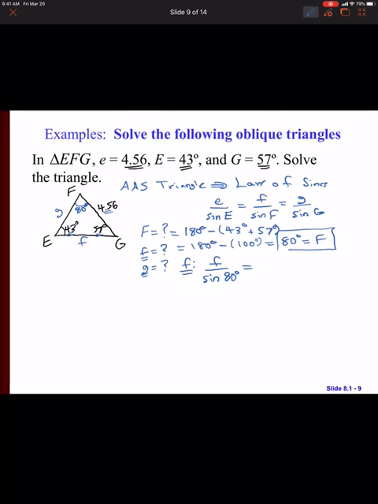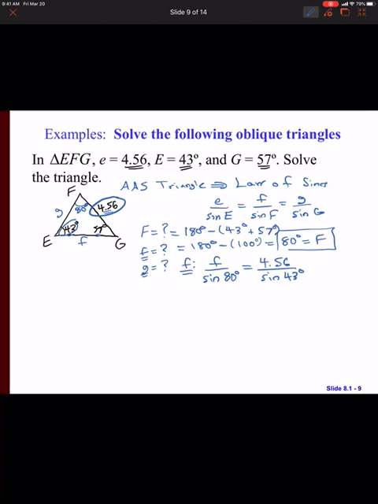Ratio of any other side and angle opposite. So with that said, what were we given to work with? We were given what? Side e and angle E. Let's use that ratio. So e, which is 4.56 units in length, over the sine of angle E, which was given to be 43 degrees.